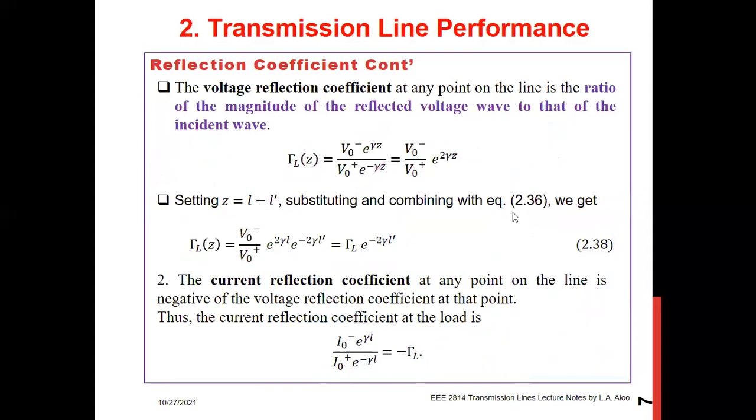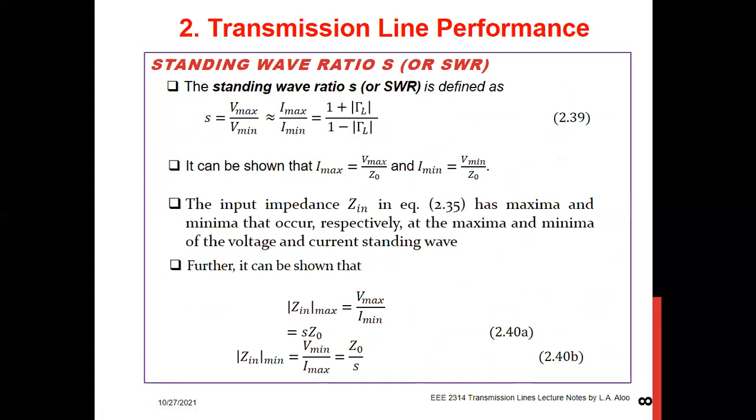So already we have introduced important relationships that can help us calculate the reflection coefficient, whether using the voltage information or the current information. Now, the next parameter, also a secondary transmission line parameter, is the standing wave ratio. The standing wave ratio is usually denoted by S. You can use small s or capital S, or you can use SWR.